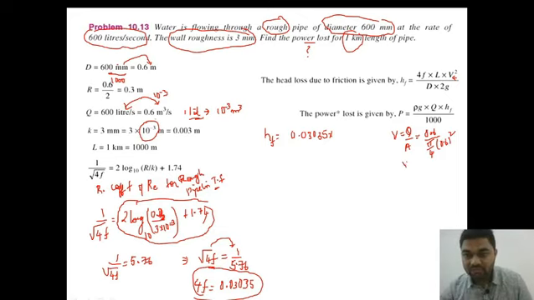So the value of V will be approximately equal to 2.122 meter per second.